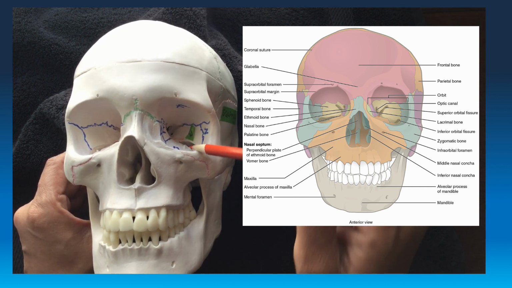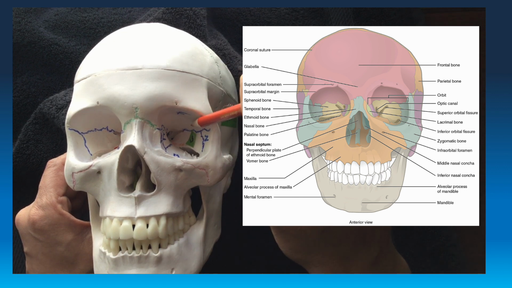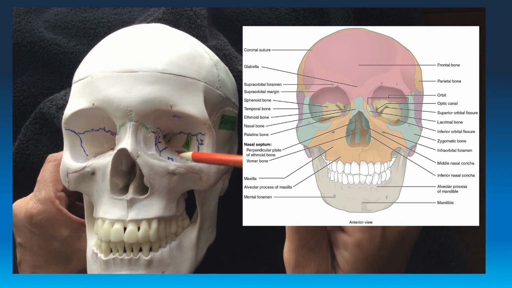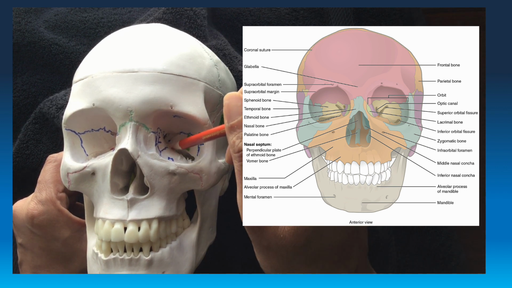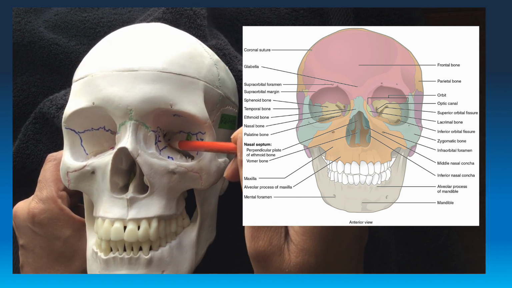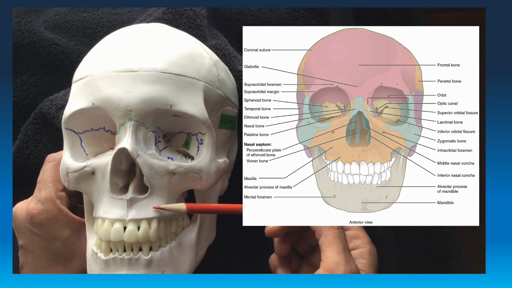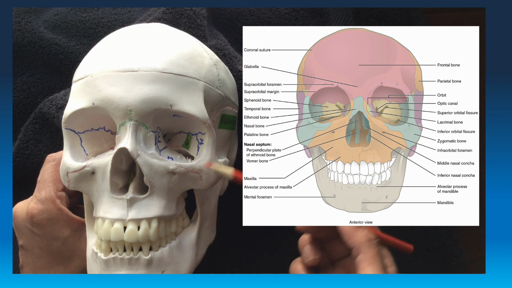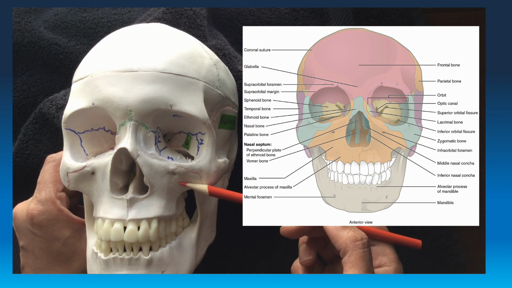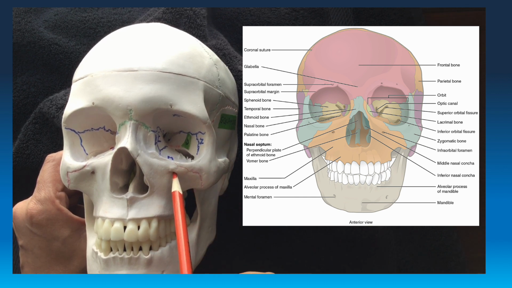Inside the orbit, you've got the sphenoid bone back here, frontal bone here, zygomatic, ethmoid bone, lacrimal, and maxilla. And then in back here, you may be able to see the palatine bone, but it's just a little smidgen there. So maxilla extends all the way here, and we've got some alveolar processes. And here we have the joining of the zygomatic and the maxilla, and this right here is called the infraorbital foramen.